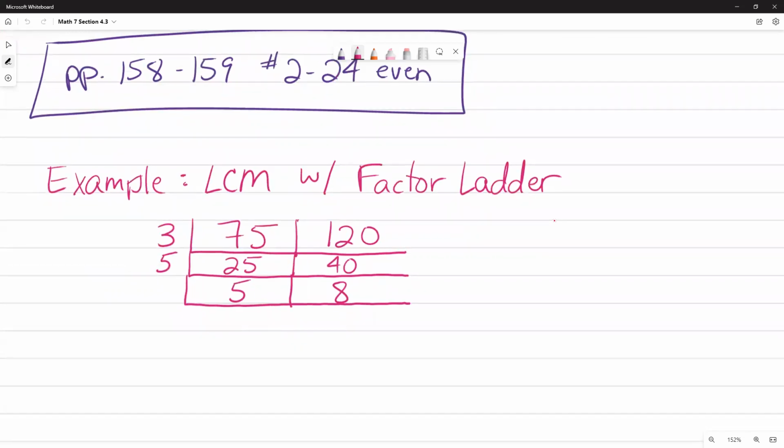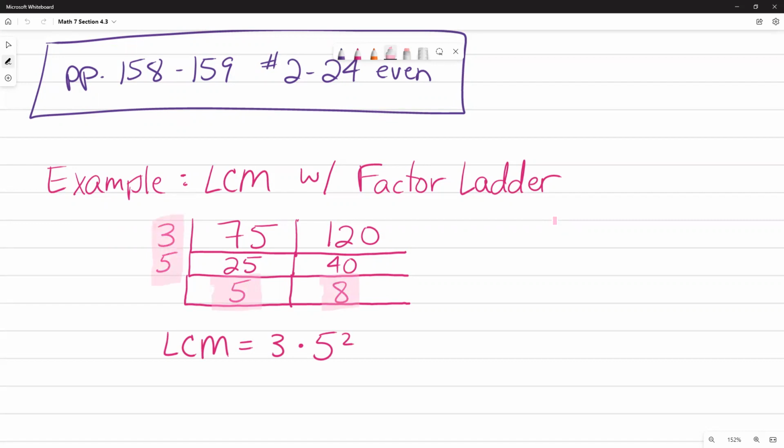And we can leave the 8 as is because that's your 2 cubed. So we have 3 times 5 squared. So in this case, again, because it's least common multiple, we end up having to use the relatively prime numbers as well.